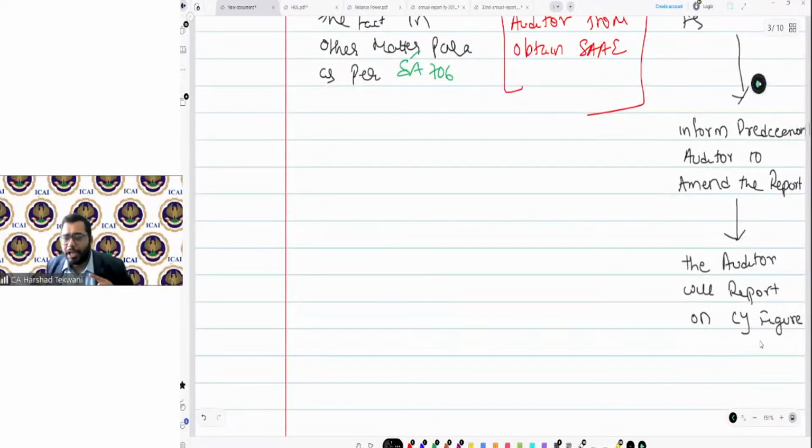So that's why I'll only issue an opinion on current figures, not on comparative financial statement. Reason: because you have an amended opinion of the current date. There is no point issuing another opinion on the same date for the same numbers. That's why you'll only report on the current year figures, not on the comparative financial statement. Clear?